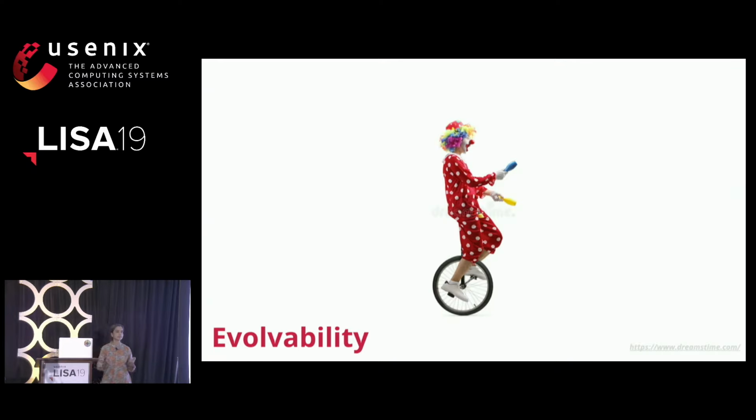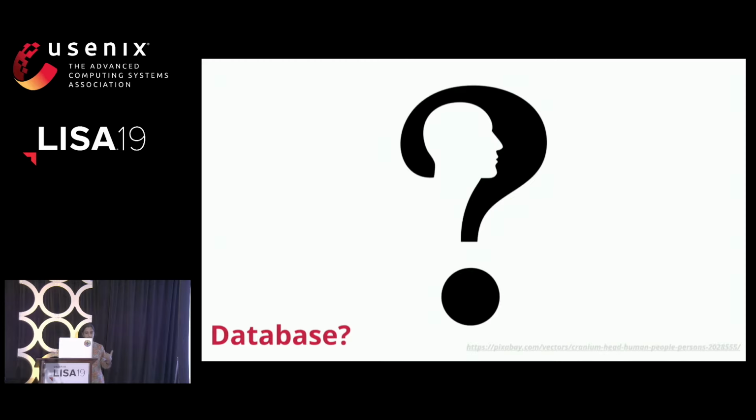It's like the person throwing balls on a unicycle. You have to balance the cycle as well as catch the balls. And then how do you do that for a database? When you have a lot of data in your database and you are making drastic changes to your applications.